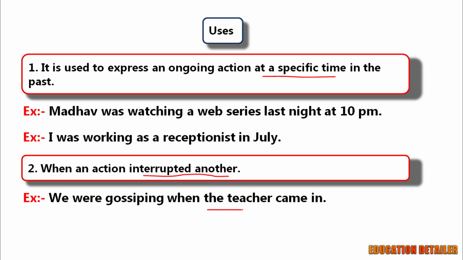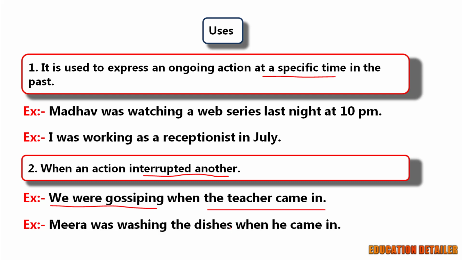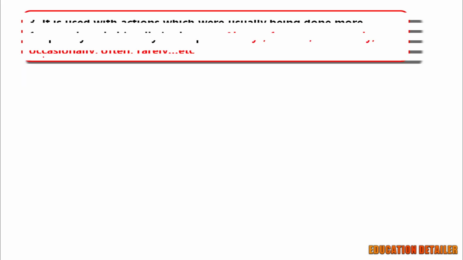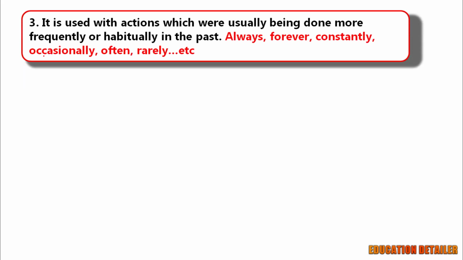Here, the interrupting action is in simple past and it interrupts the past continuous, we were gossiping. See one more example. Meera was washing the dishes when he came in. It is used with actions which were usually being done more frequently or habitually in the past.